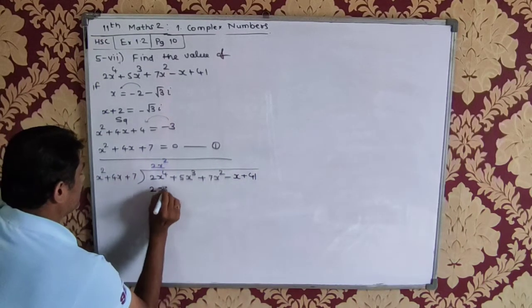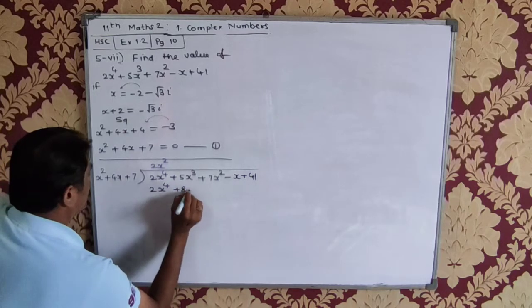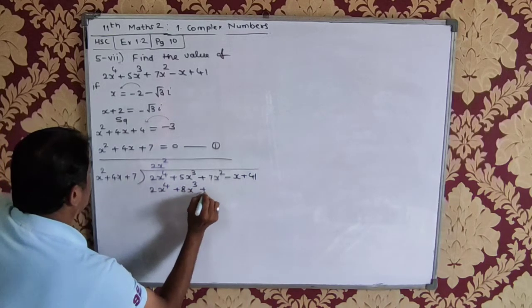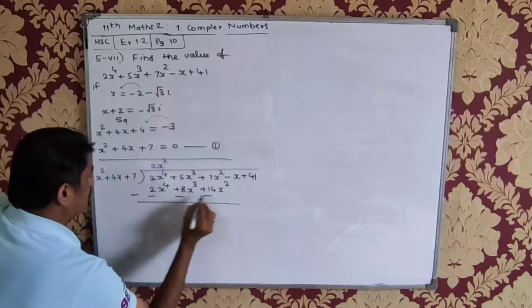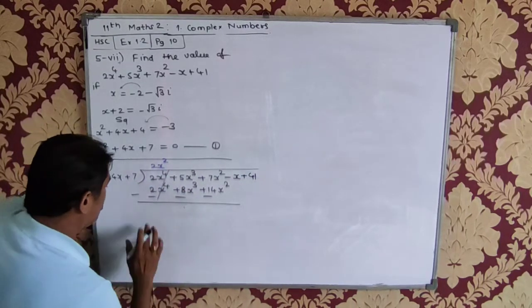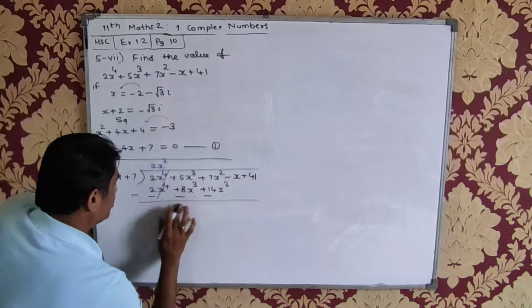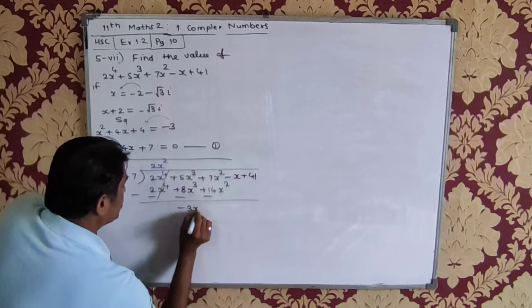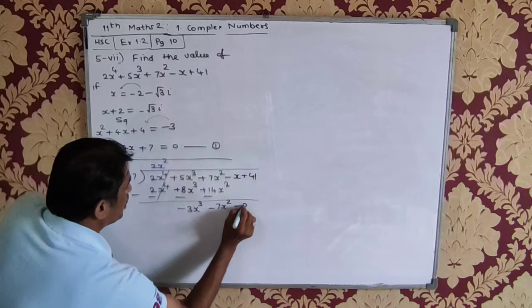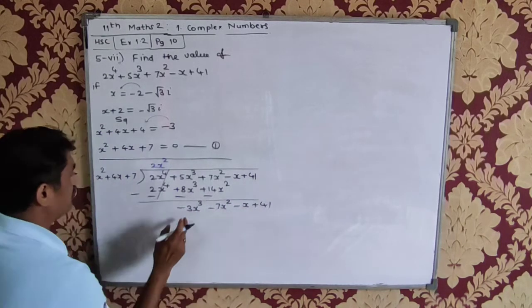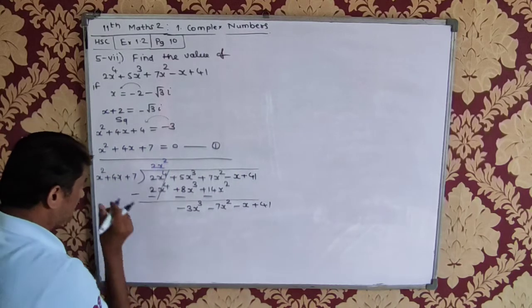Multiply now. What do you get there? 2x raised to 4, 8x cube, 14x square. This gets cancelled. What do you get there? Minus 3x cube, 7x square minus x plus 41. What should I multiply this by? Minus 3x.